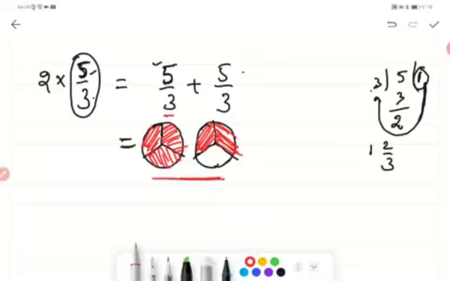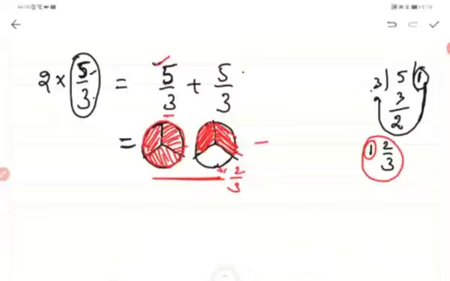If you get confused about how to draw by directly taking this, first convert this into your mixed fraction, then it will become easy for you. 1 is whole, so you have one whole with all the regions shaded, and the next is the fraction 2 by 3. This is divided into 3 parts, but the shaded region is only 2. So this is your 2 by 3, isn't it?